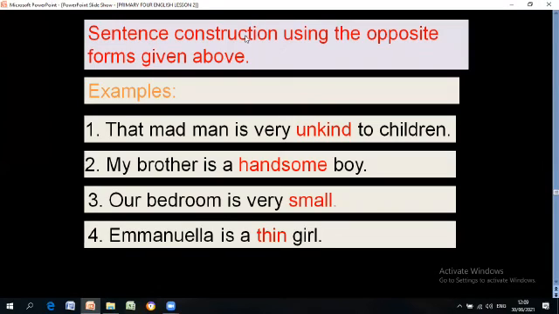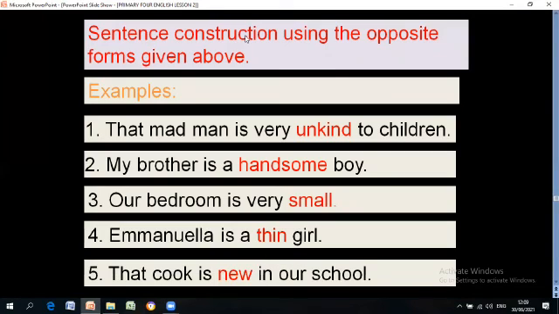Number 4, Emanuela is a thin girl. So earlier on, we looked at the word fat, and we said its opposite is thin. That is what number 4 is talking about. Number 5, which is the last one, says that cook is new in our school. Now we are looking at the word new as the opposite form of the word old.